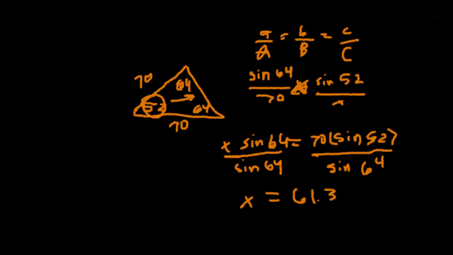But it says that we have to round to the nearest foot. So that's not really the answer. So the real answer is x equals 61 if you round to the nearest foot. And so that means that the smallest side is 61 feet.